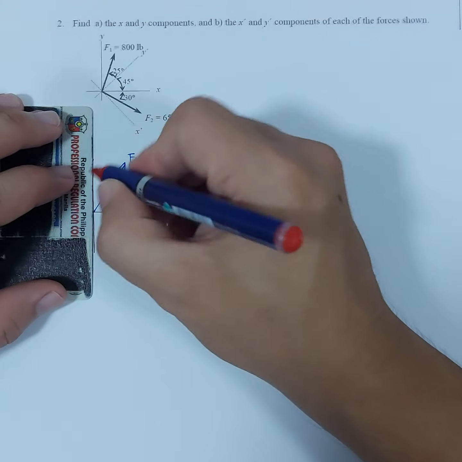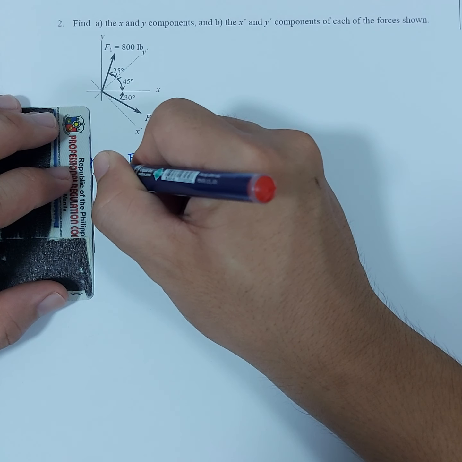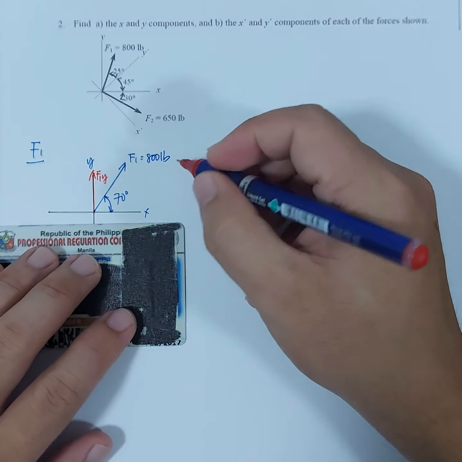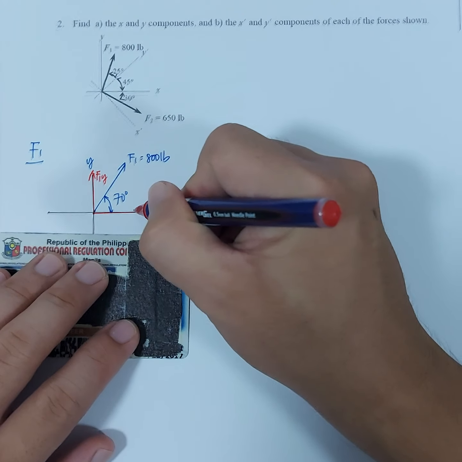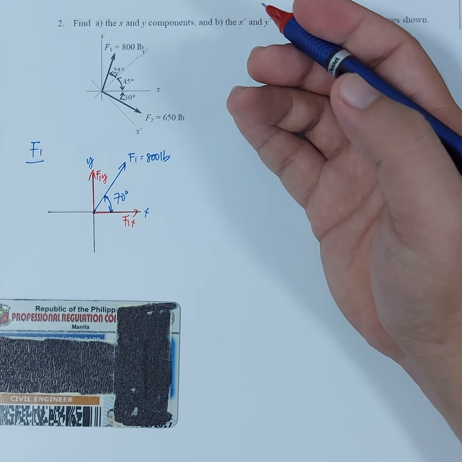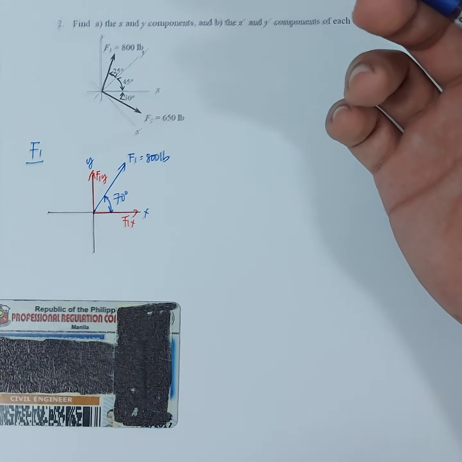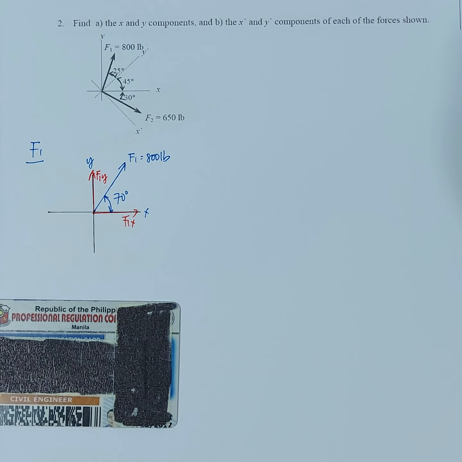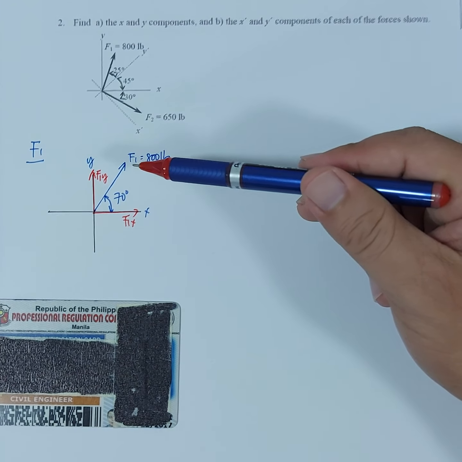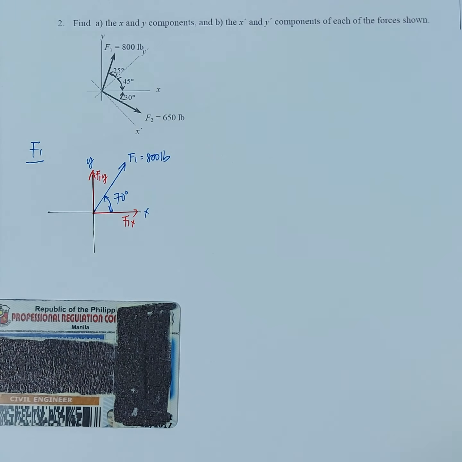So we're solving for the components of the force. So this is F1y and this is F1x. I have already discussed before that the component method is just an application of the parallelogram law where the parallelogram is actually a rectangle. So solve natin yung dalawang components.